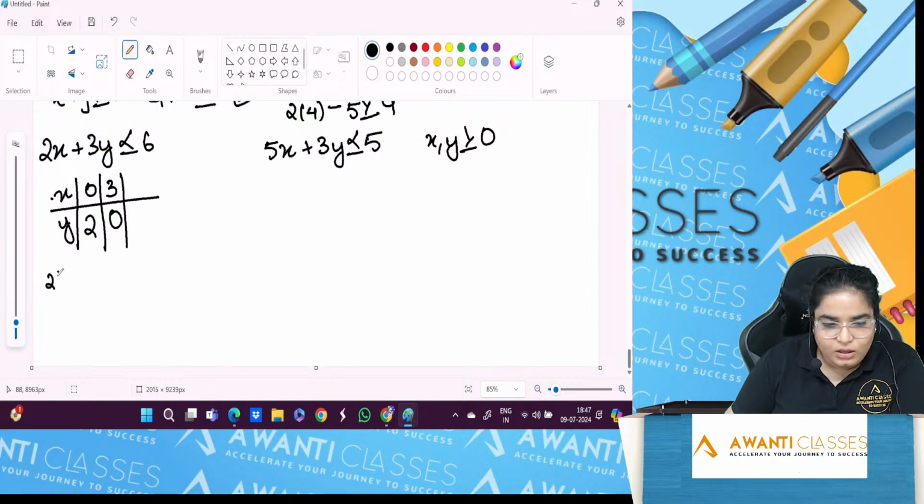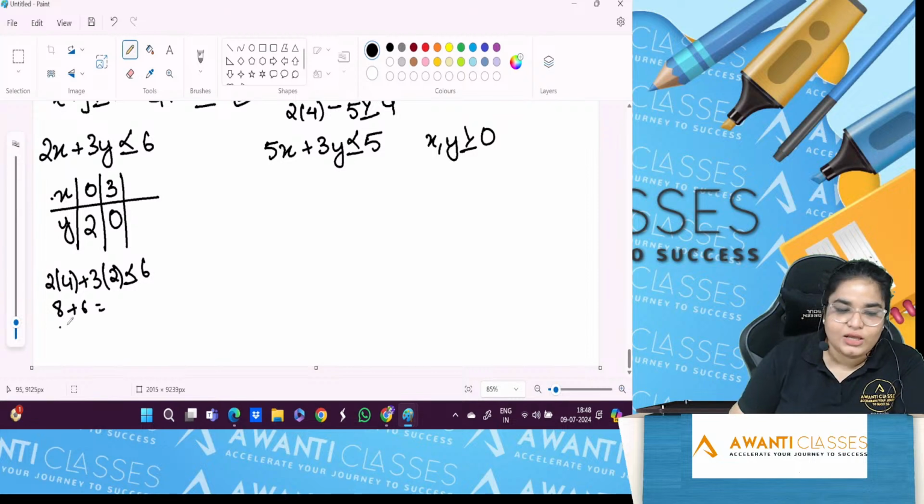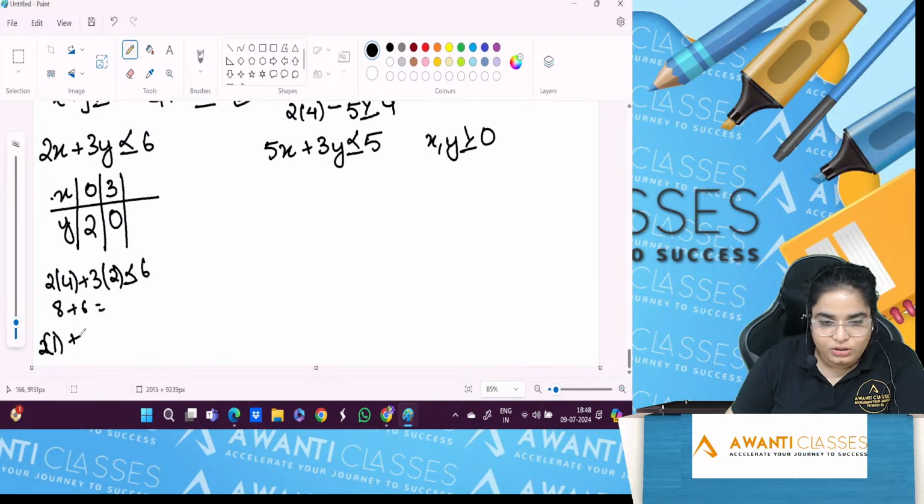If I take x as 4 and y as 2, will it satisfy? It will not. Why? 8 plus 6 will not satisfy. But if I take maybe 1 and y also 1, will that satisfy? Yes, it will satisfy. So 1 and 1 will satisfy.